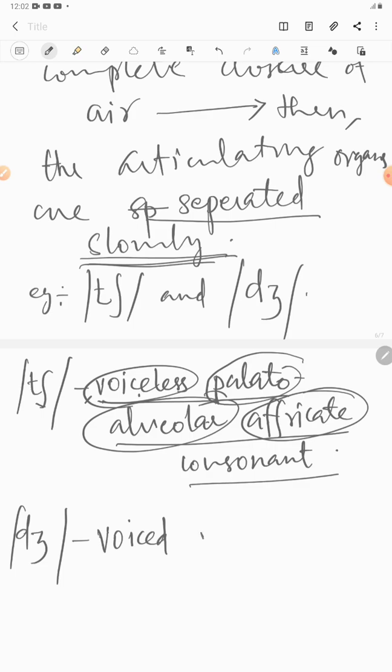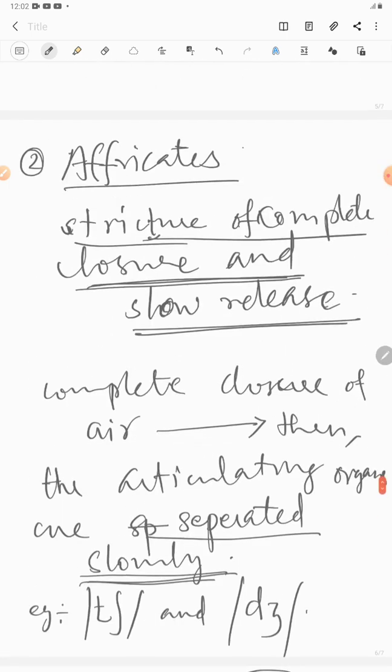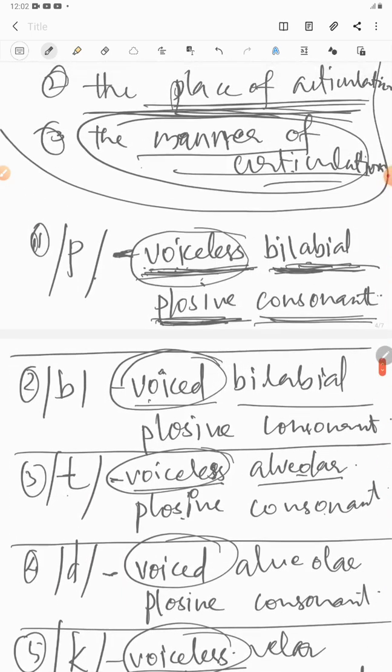J is also a palato-alveolar consonant. So palato-alveolar affricate consonant. It's always the palato-alveolar affricate consonant. Here it is voiceless, and here it is voiced. So these are affricate consonants.